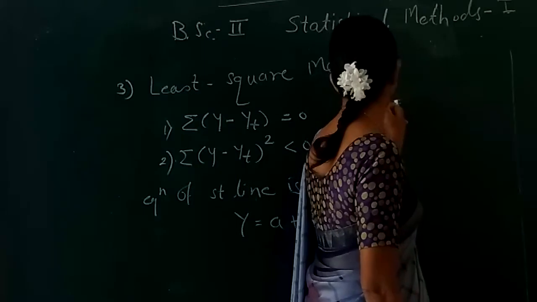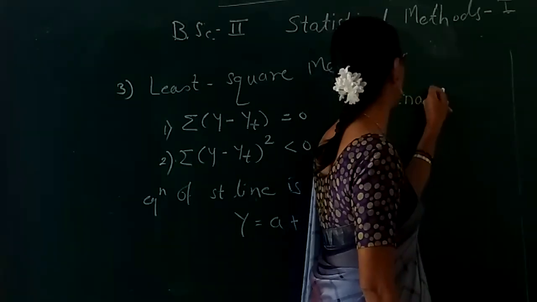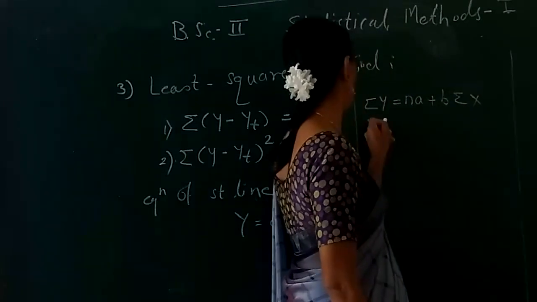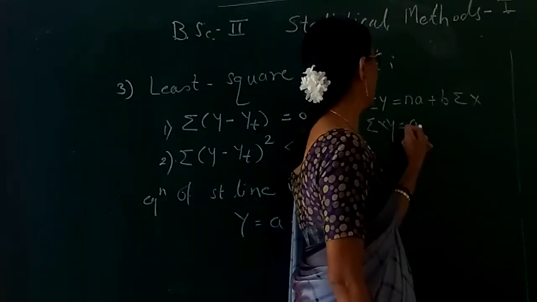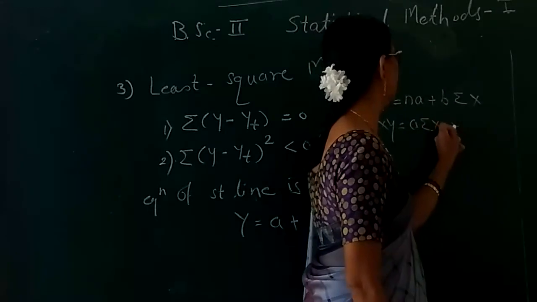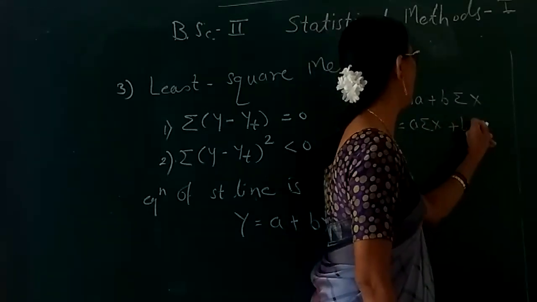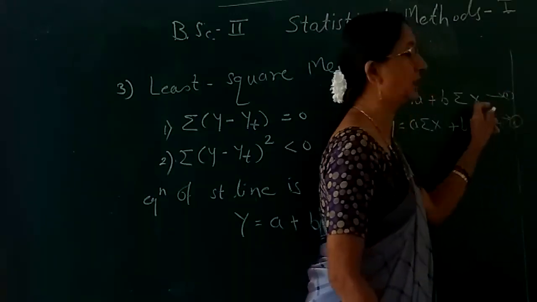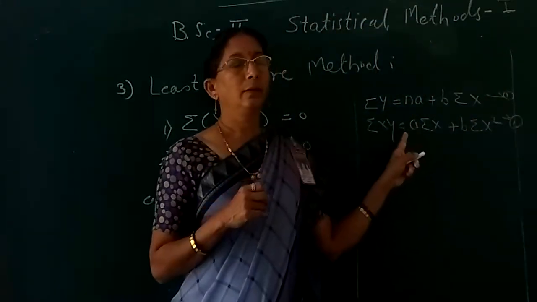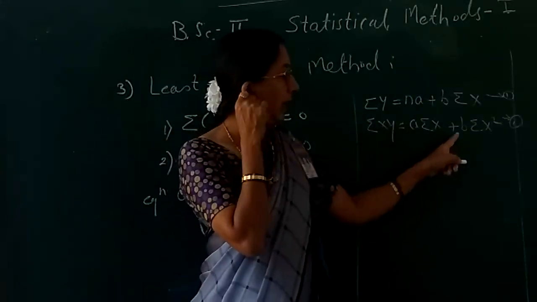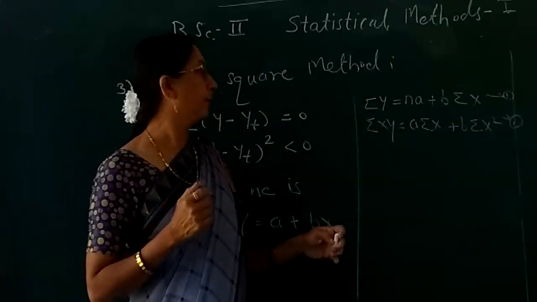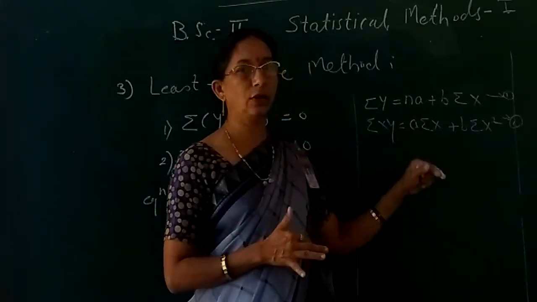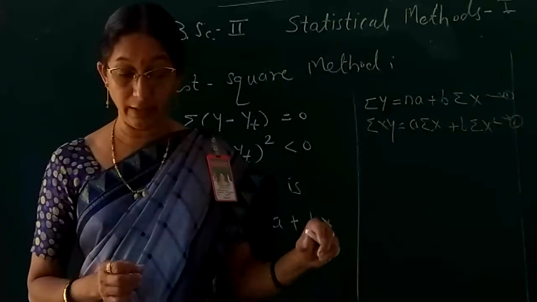Summation of y equal to n into a plus b into summation of x, and summation of xy equal to a summation of x plus b summation of x square. We can solve these two equations. We get the constants a and b, and when we find the constants, then we can predict after 10 years or before 10 years.